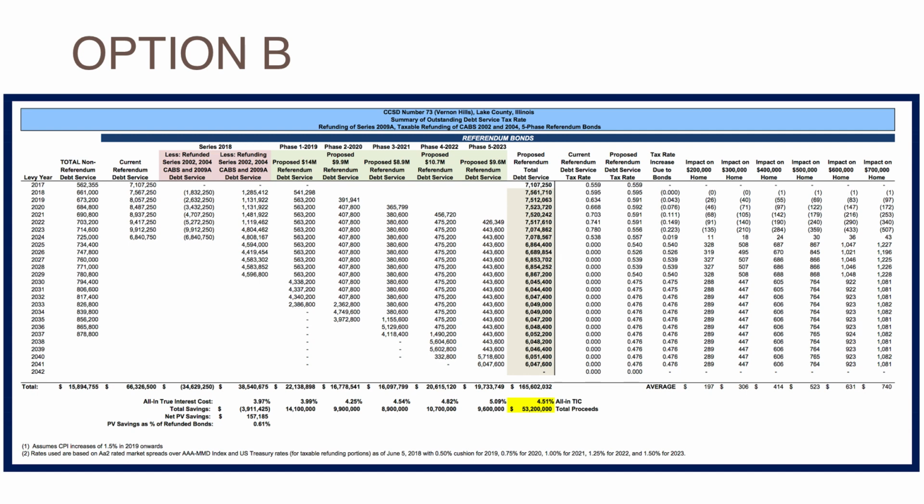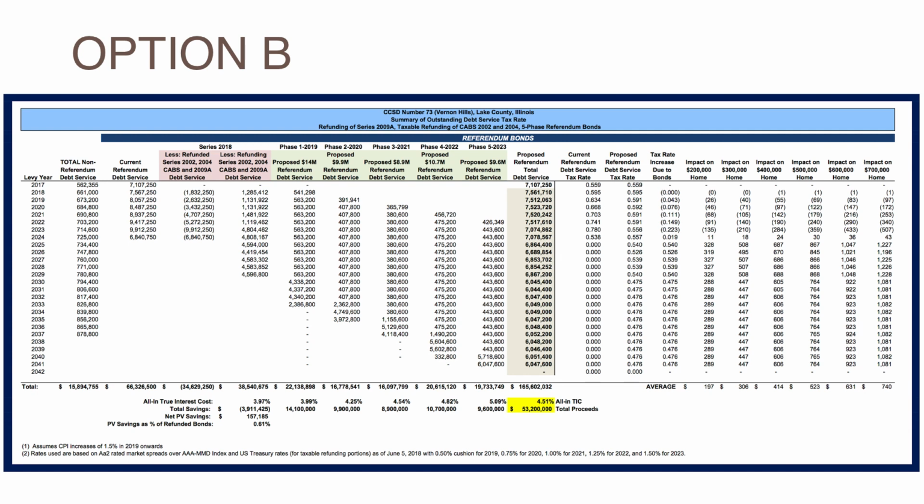Option B is a secondary alternative to how this bond issuance would be structured. The all-in interest cost would be 4.51%, total proceeds again generating $53.2 million.